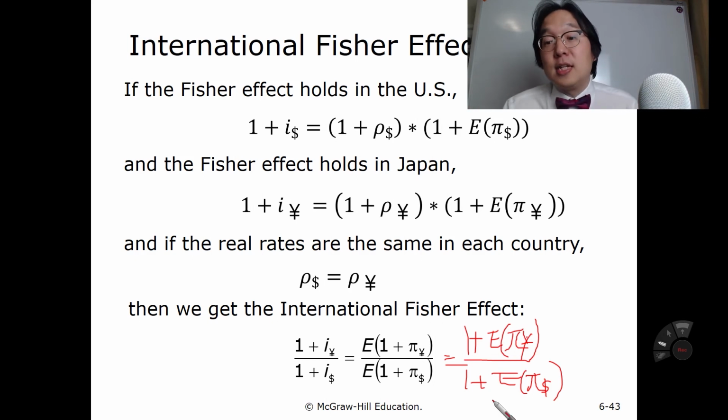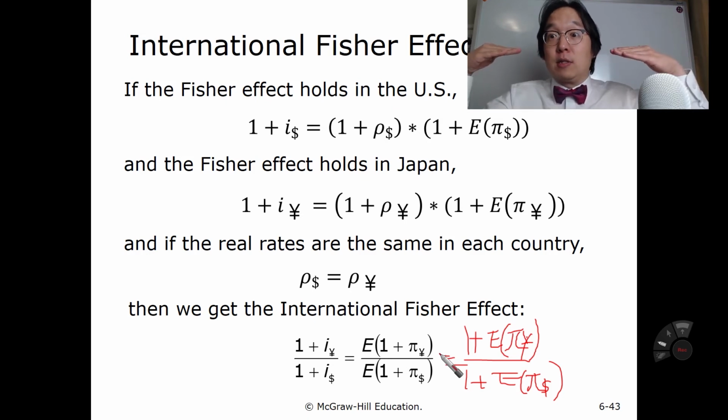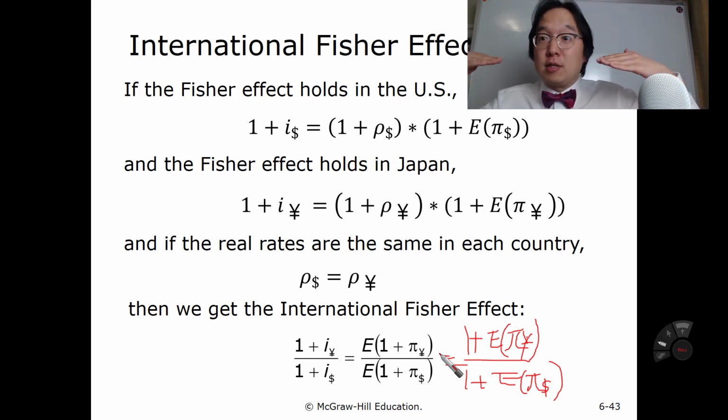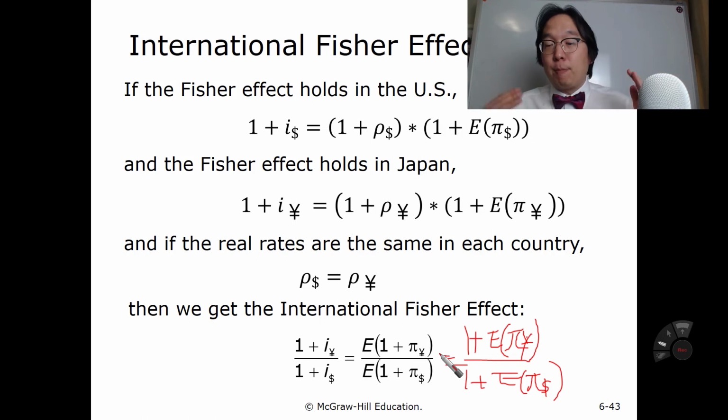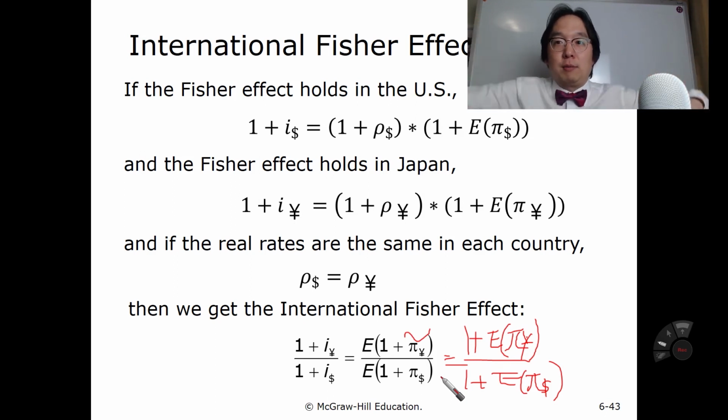Why? This is just expectation notation, and 1 is just a constant. It doesn't change. It's fixed from one period to the next. So the expectation of 1 should be 1. Okay? Whereas pi, as I said before in other classes, is a random variable, which means it fluctuates and we don't know where it will go in the future, right? The expectation is about this random variable part. The constant gets out of this bracket, so that's why.